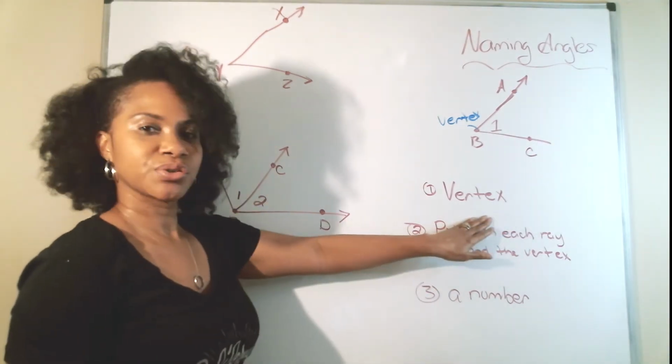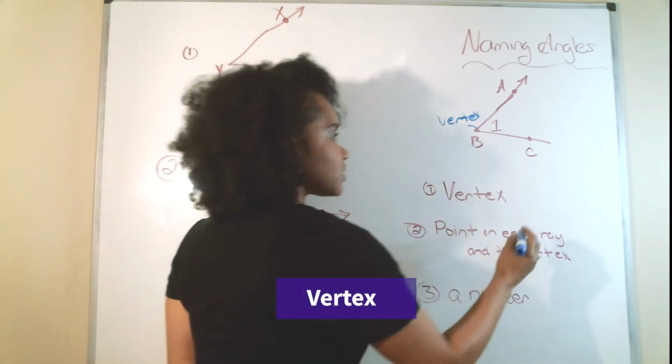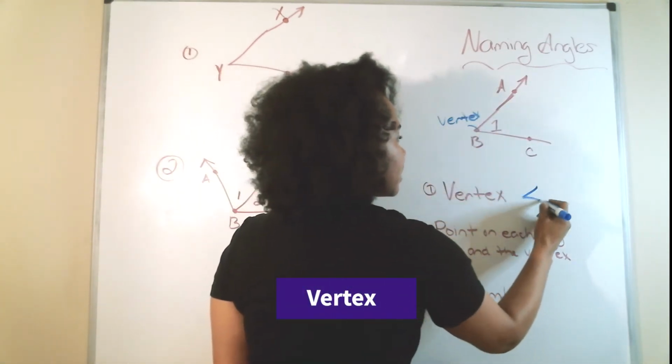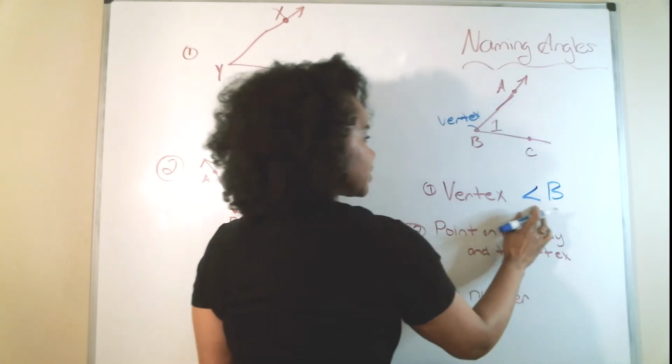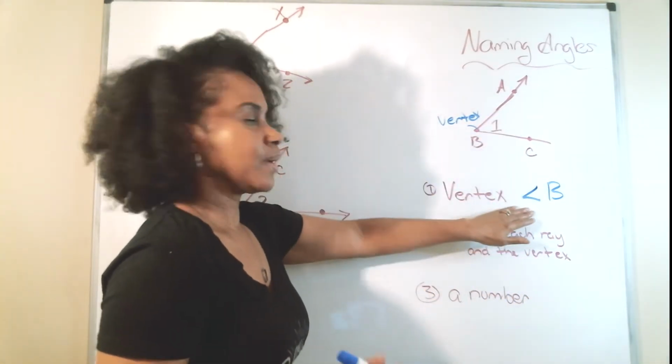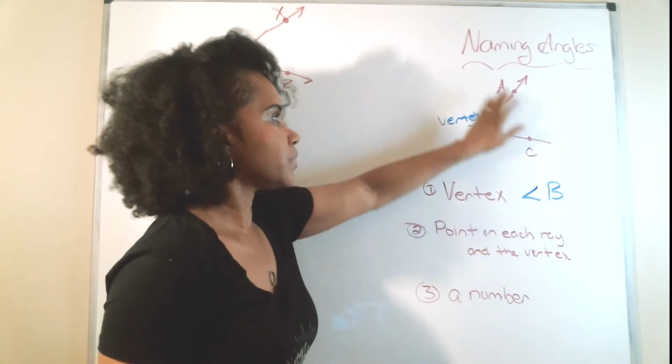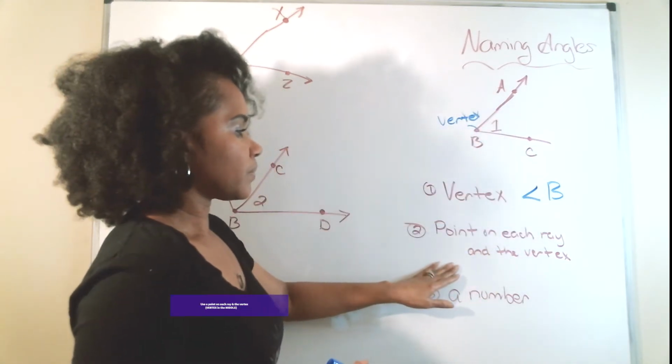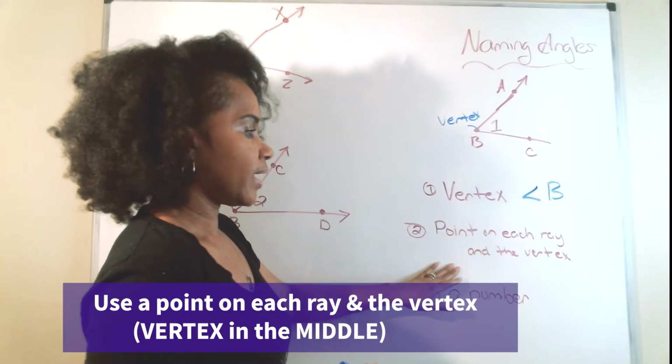One way is to use the vertex, and we could just call this angle here angle B. We write an angle symbol to show that we're labeling an angle. So angle B. Another way would be a point on each ray and the vertex.